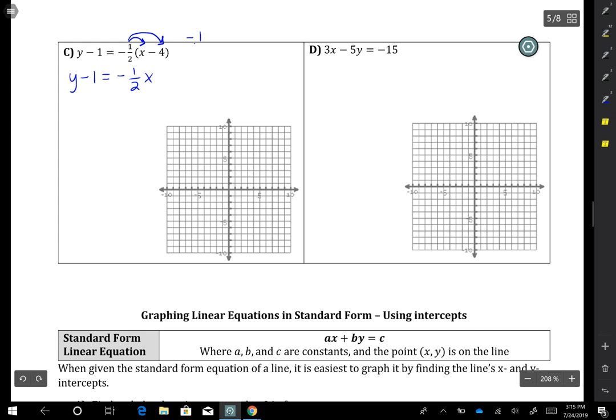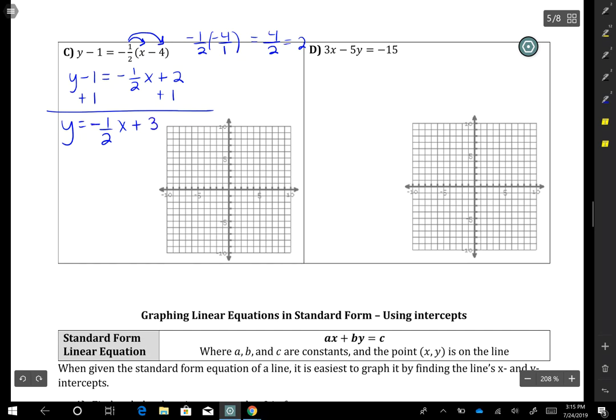And then when I take -1/2 times a -4, that is a +4 over 2, which is just 2. So that's going to be plus 2. And then I'm going to add 1 to both sides. And I have y equals -1/2 x plus 3.